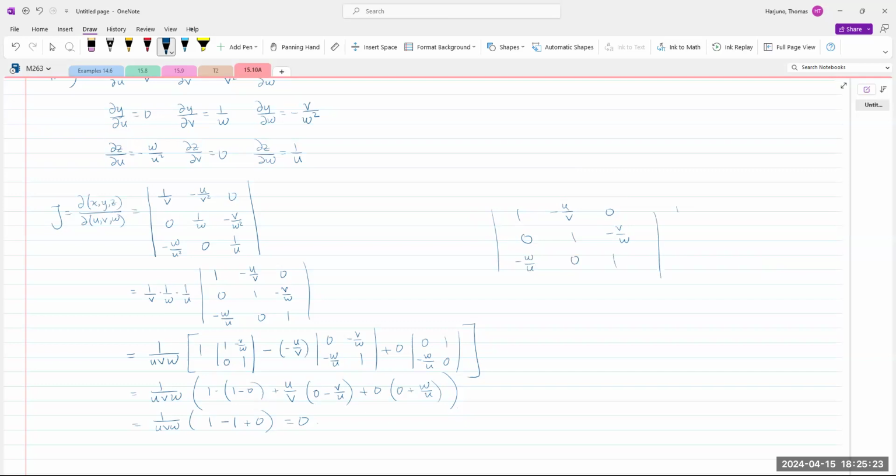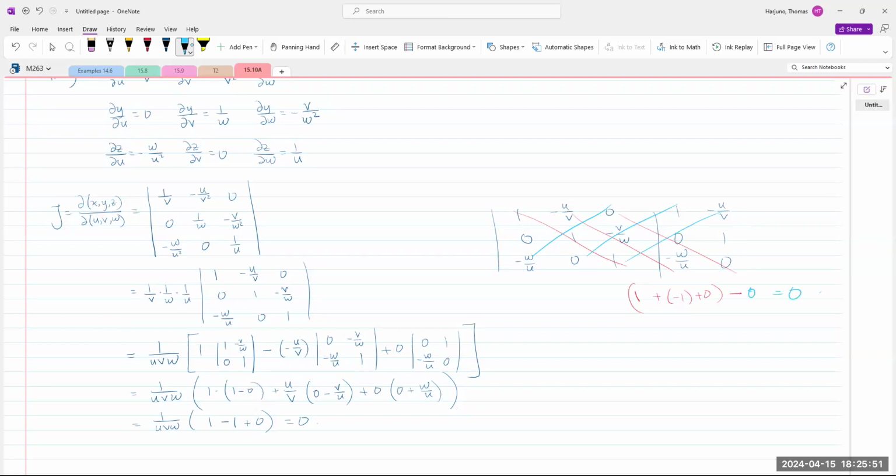If I copy the first two columns and do the main products, that will be 1 plus negative 1 plus 0 minus 0, 0, 0, minus 0.